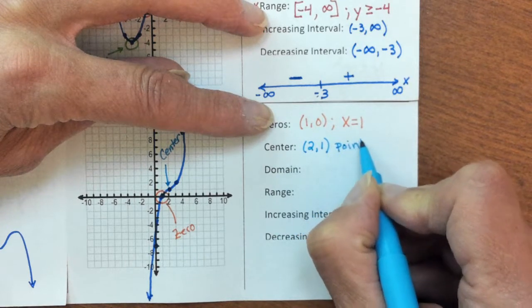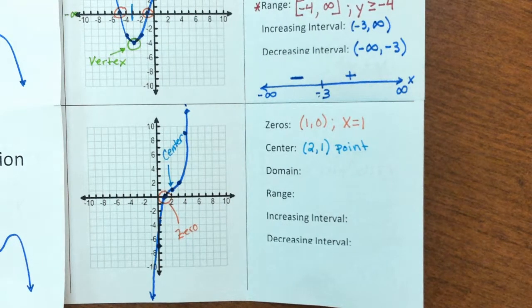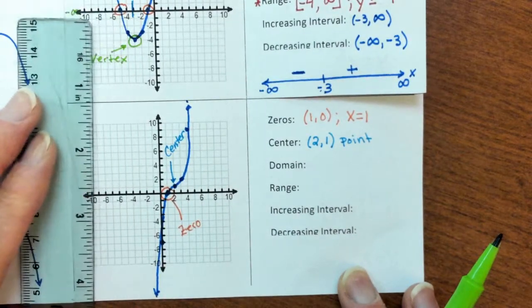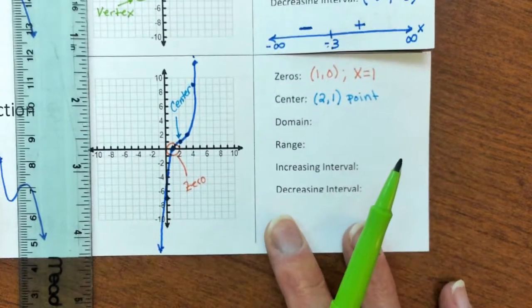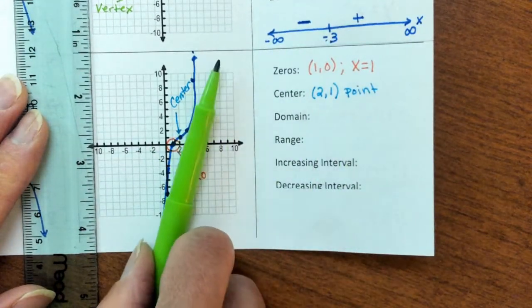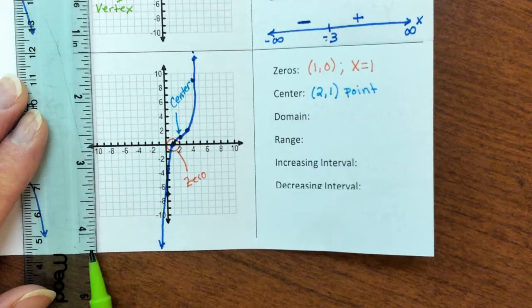That's an actual point. Okay, so now with domain, remember I'm looking for my x values. So I'm going to put my ruler so it's always touching my x-axis. So when I'm right here, it looks like it's not touching the function. This is a very skinny function. However, this endpoint eventually makes its way over here.